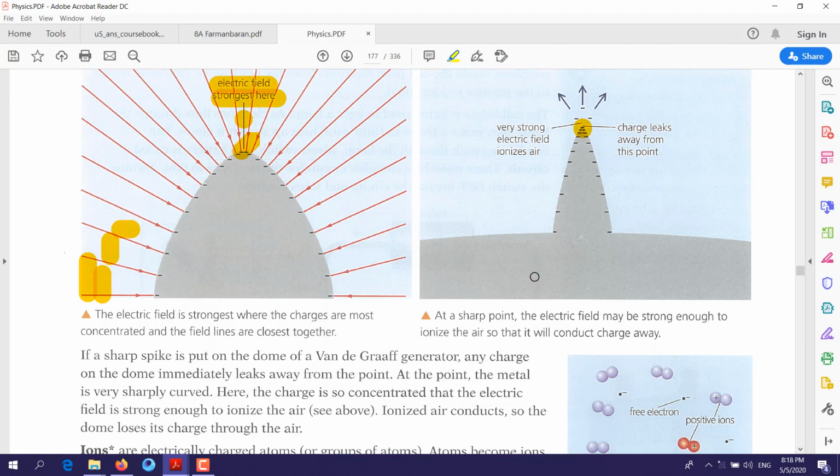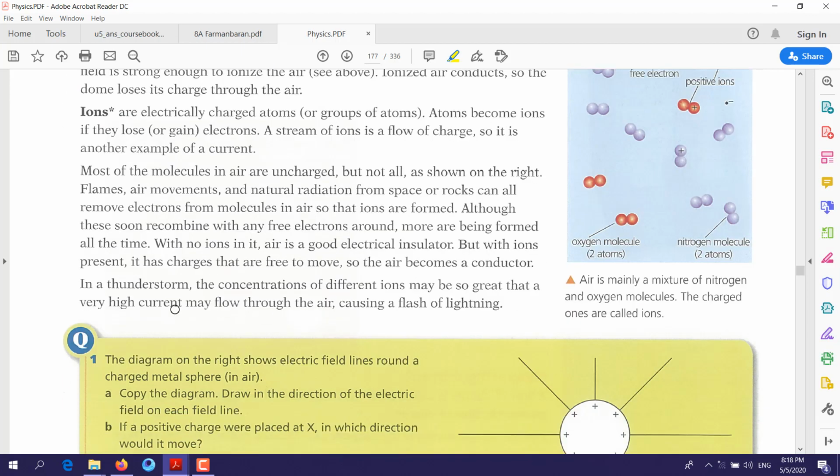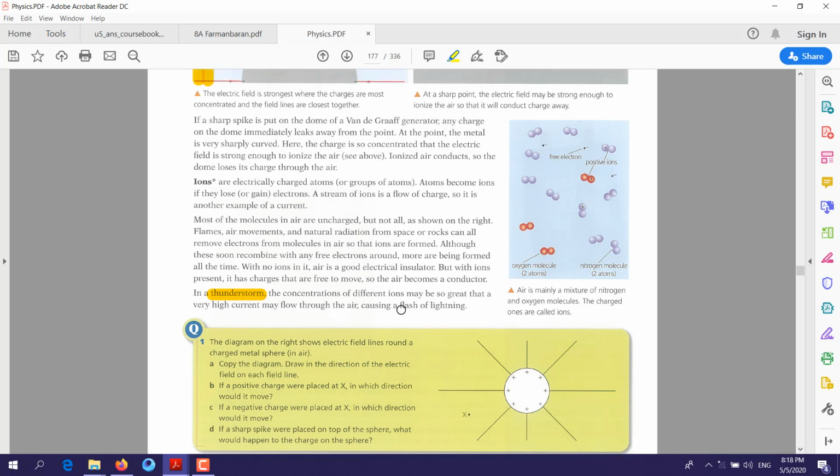Another example, which is thunder, okay? Thunderstorm. Why does a thunderstorm form? As you know, it forms when the clouds contain charges. So there will be attraction between the charges of different clouds, and then it will form a spark.